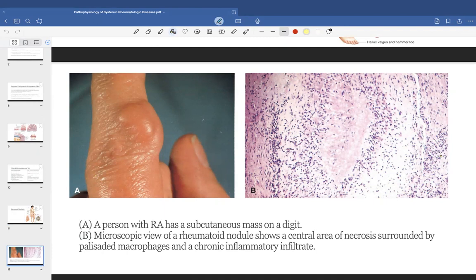And all of those little purple dots in there are your white blood cells and macrophages, and it just shows all the inflammation surrounding within this nodule.